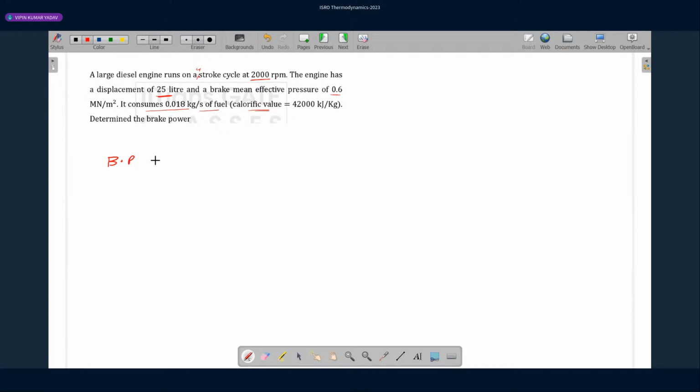Brake power is 2 pi NT by 60, or in terms of mean effective pressure, brake mean effective pressure into swept volume into number of cycles per second.